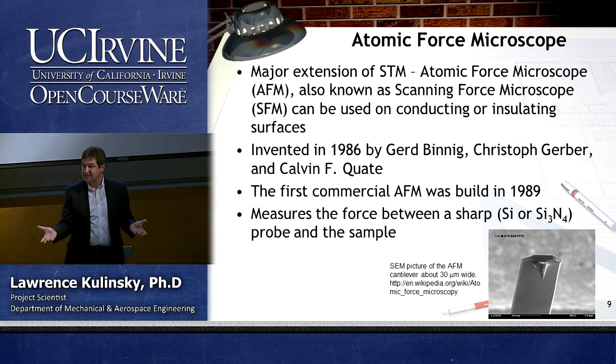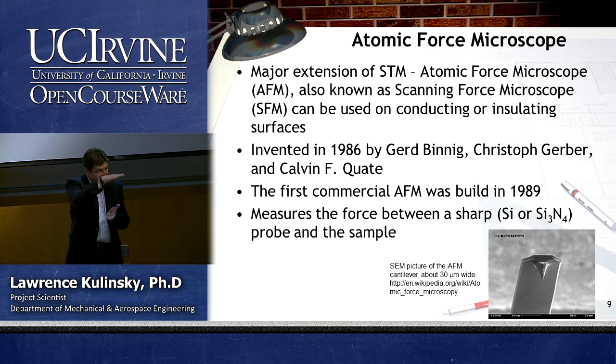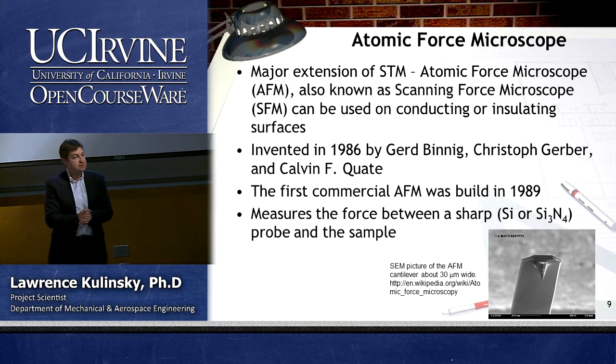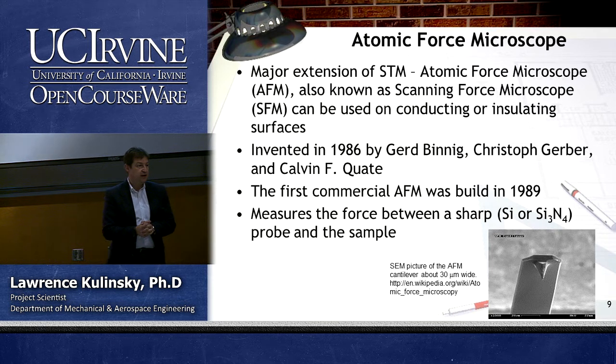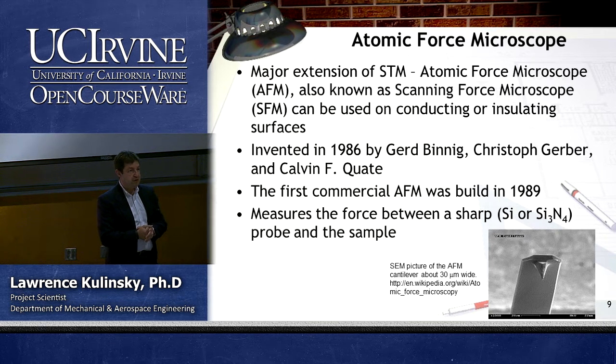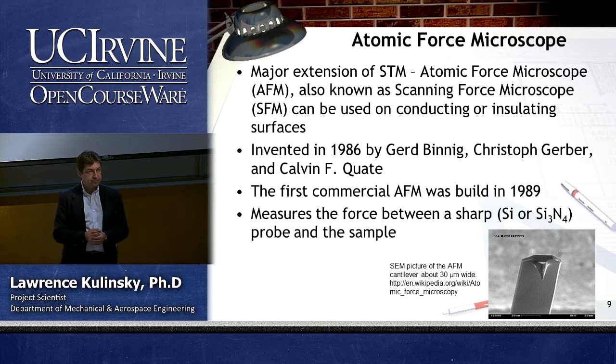It should be only a conductive surface, right? You cannot have an insulator, because you need a conductor in order for current to pass. So you can have metals and semiconductors with STM. This is very neat, but what about live cells? What about insulating materials? There is a lot of stuff that does not conduct current.